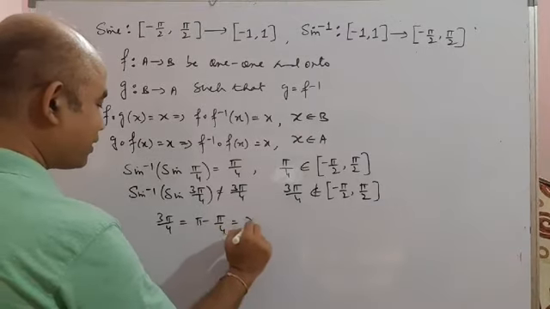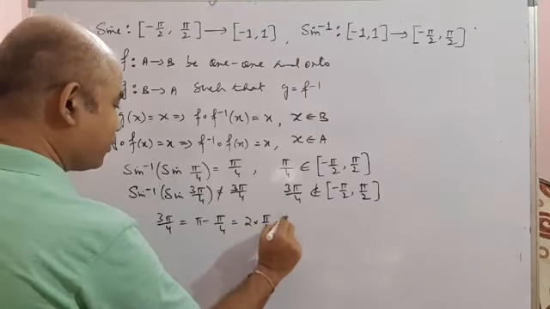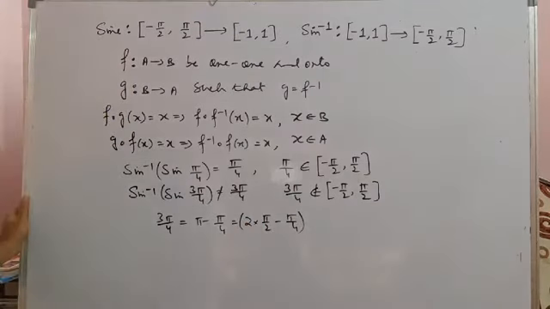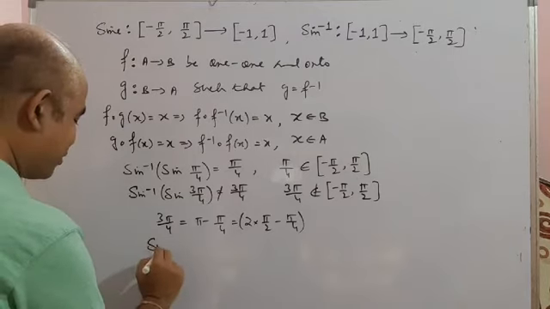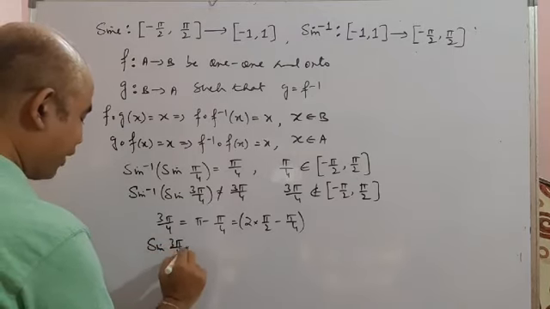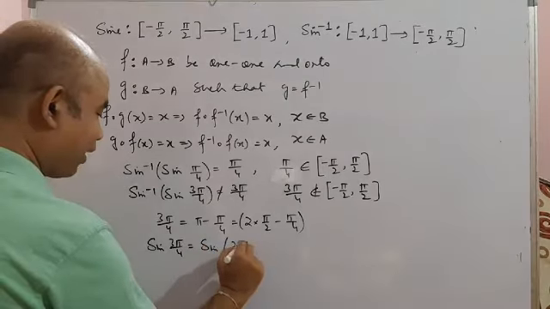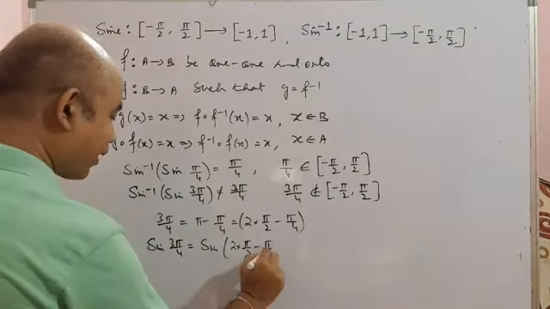That means π is actually 2 into π/2, minus π/4, an even multiple of π/2 minus π/4. So as a result, sin(3π/4) can be written as sin(2·π/2 − π/4), or directly sin(π − π/4).